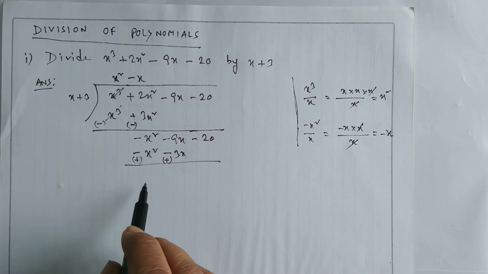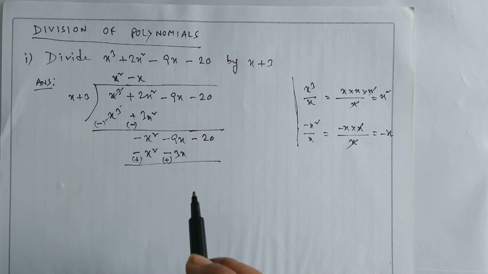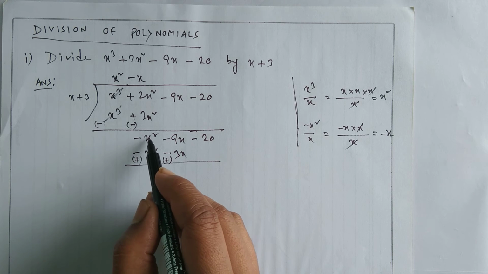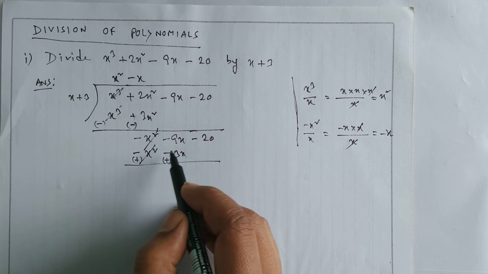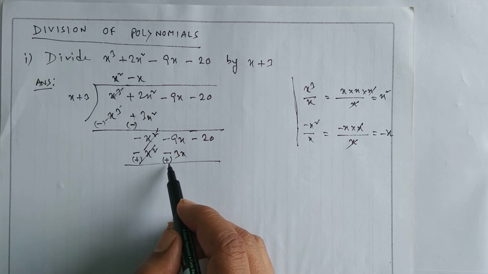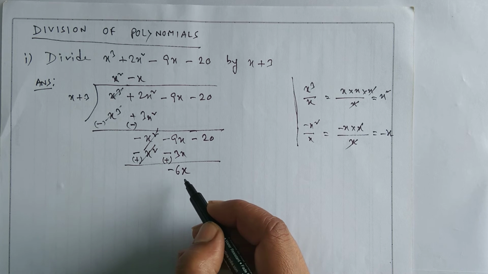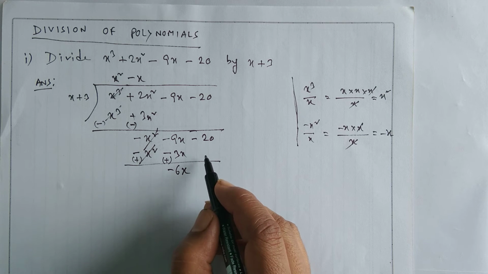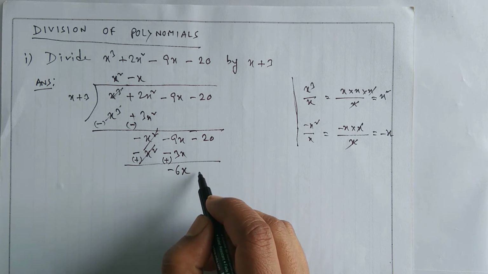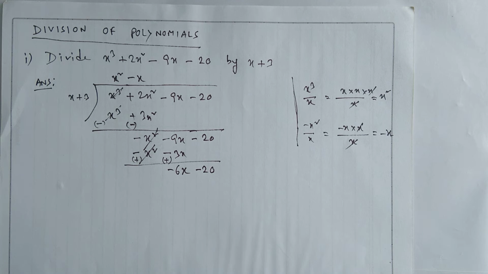As I have written the plus sign within bracket, only this sign needs to be considered from the bottom line. Now minus x square plus x square gets cancelled, minus 9x plus 3x, so minus 9 plus 3 is minus 6x. And minus 20 will come down from the upper line. When it comes down from the upper line, the sign does not change, it will remain minus 20 only.